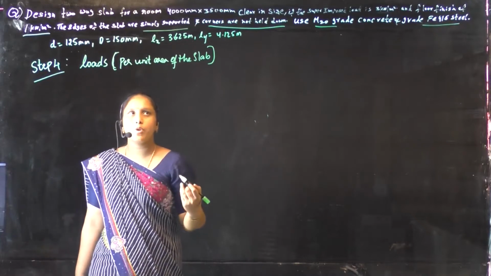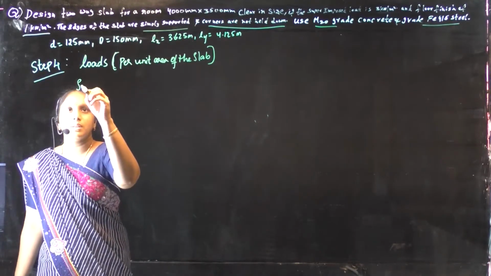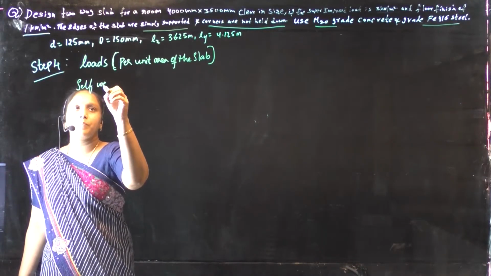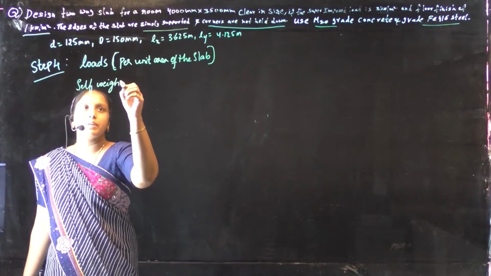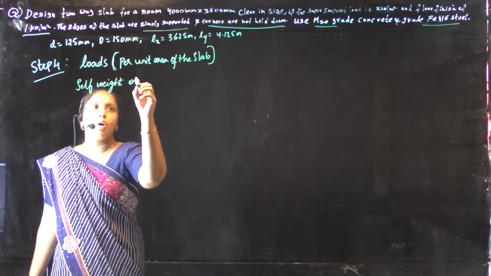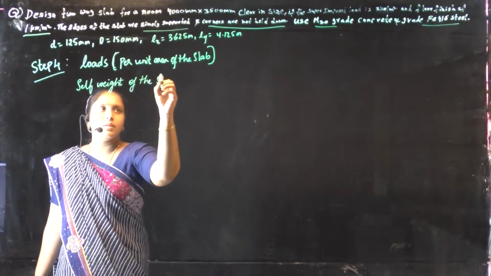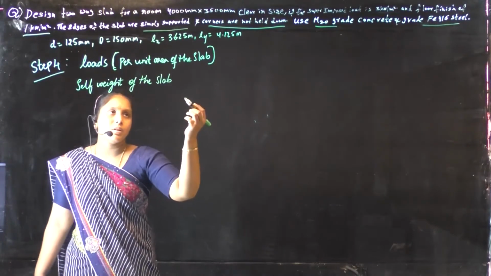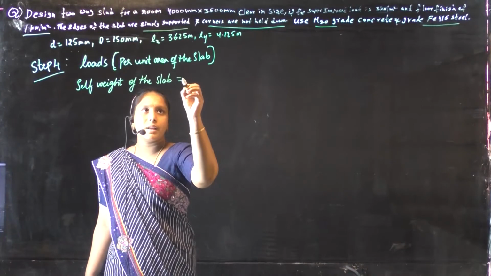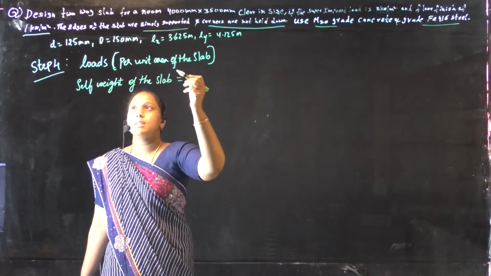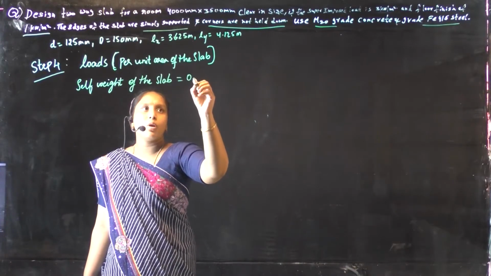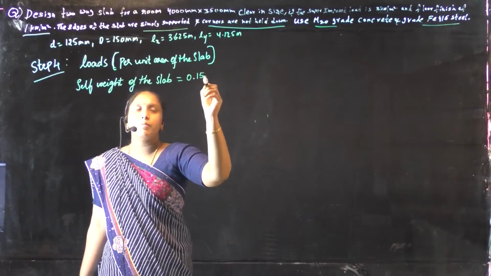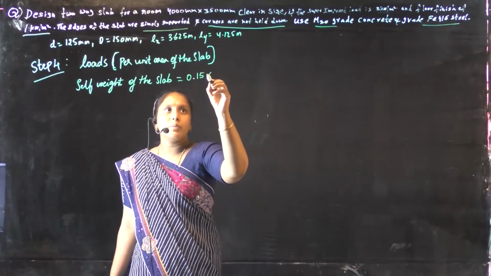So first we have to find out the self weight of the slab. So how will we calculate the self weight of the slab? That is the overall depth 0.15 meter into the unit weight of RCC.